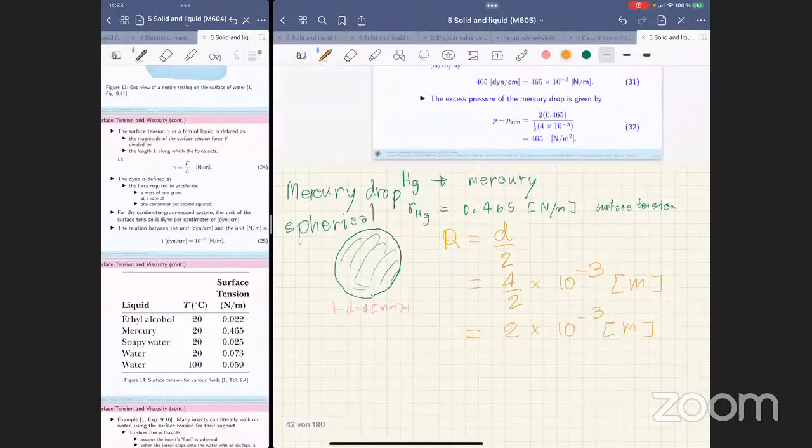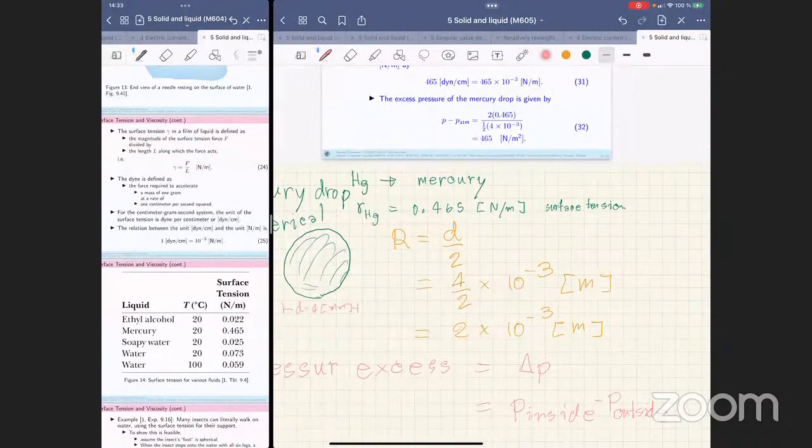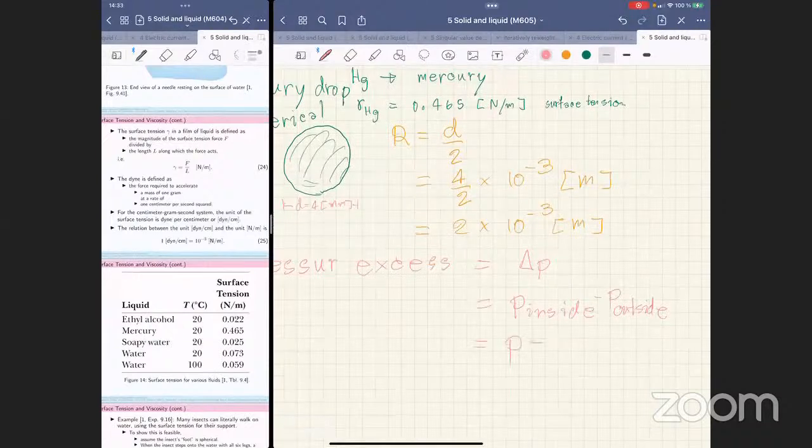The pressure difference, the excess pressure, is delta P, which is small p, P inside minus P outside of the drop, or equal to P minus P atm.